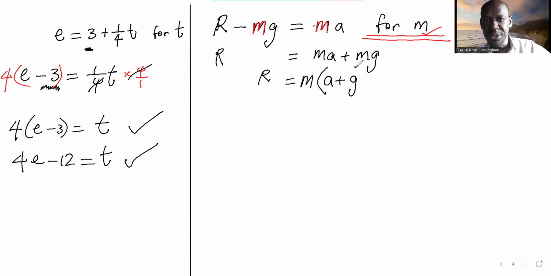Send your answers to me, everybody. We're finding for M. Finding for M, people. Rapido. Hurry up quickly.